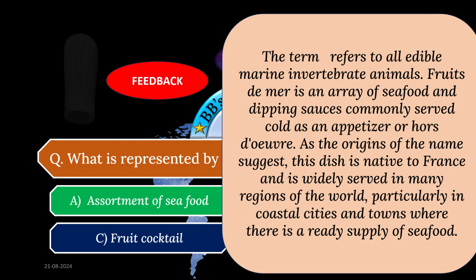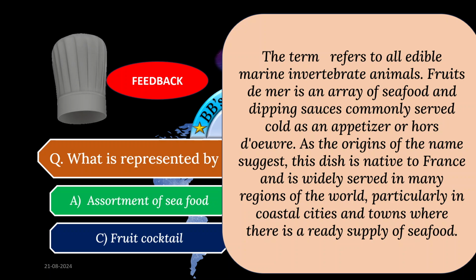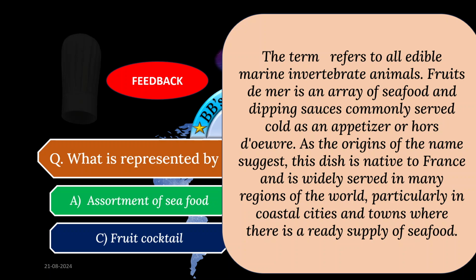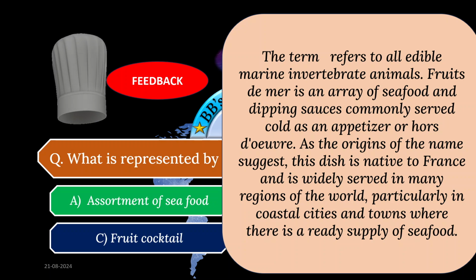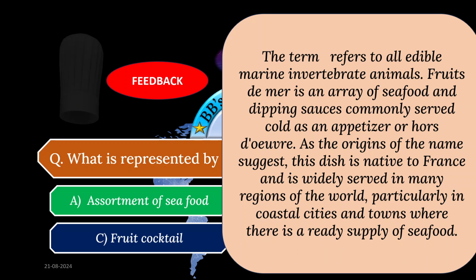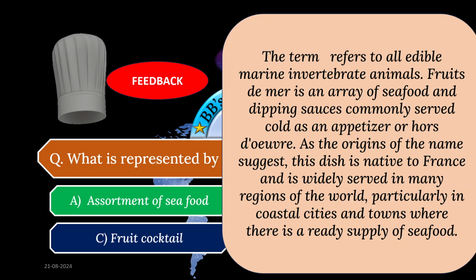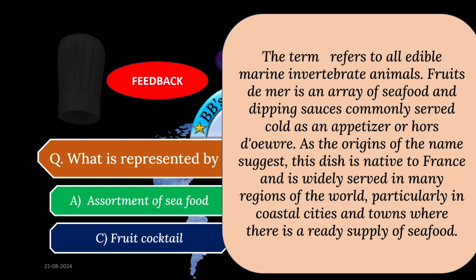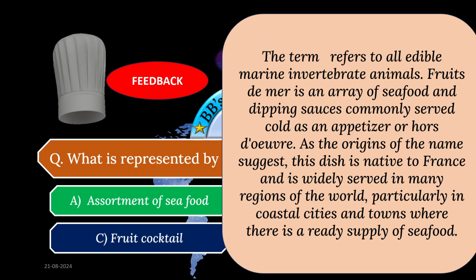As the origins of the name suggest, this dish is native to France and is widely served in many regions of the world, particularly in coastal cities and towns where there is a ready supply of seafood. So, fruits de mer means nothing but seafood in the French language.